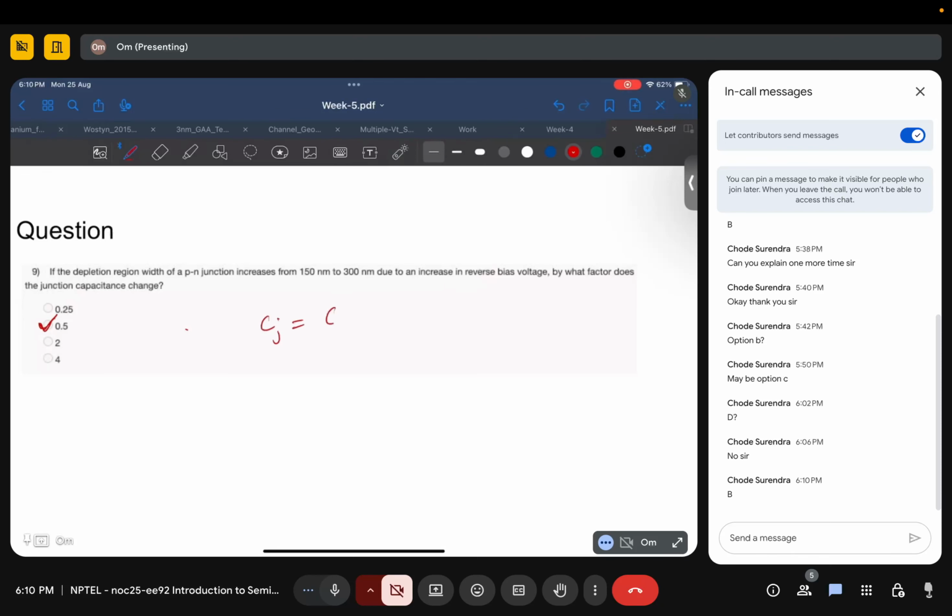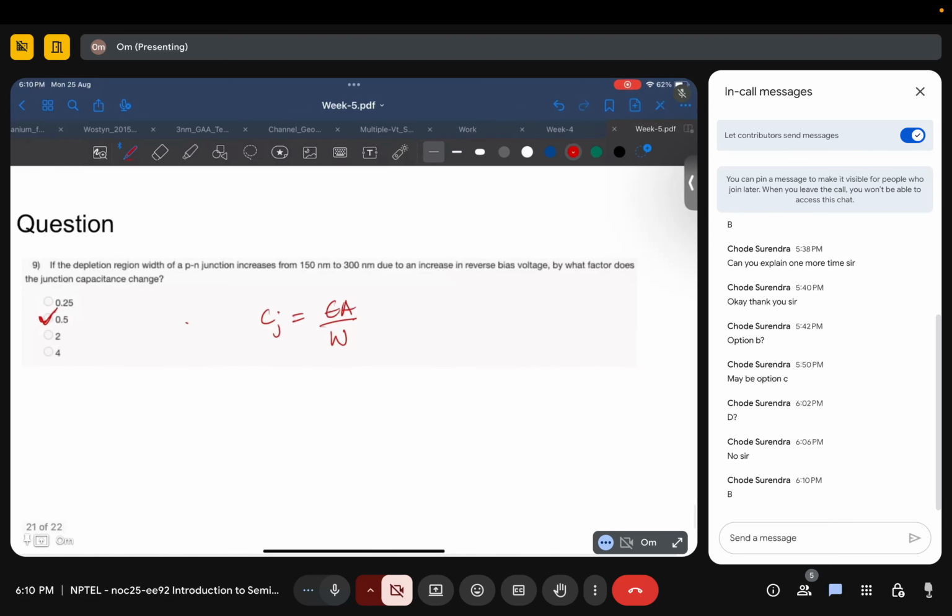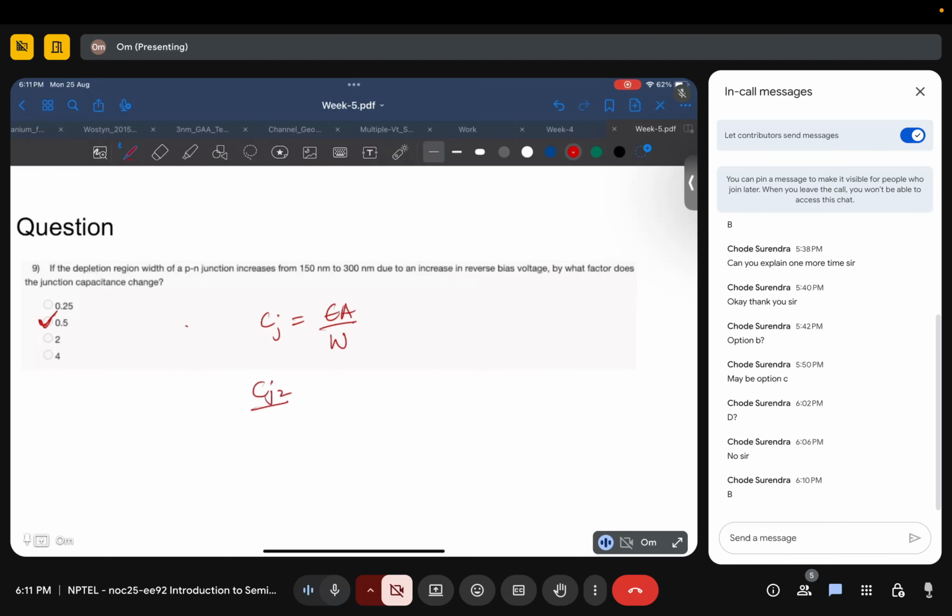Cj is epsilon A by W, where W is your depletion width. So Cj2 by Cj1 would be W1 by W2.